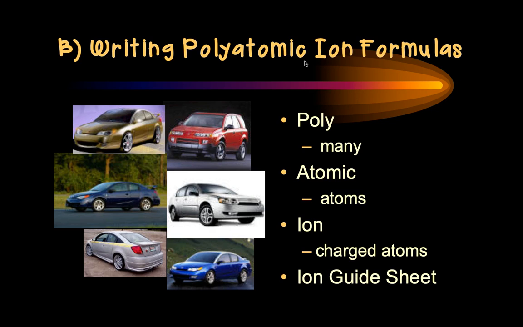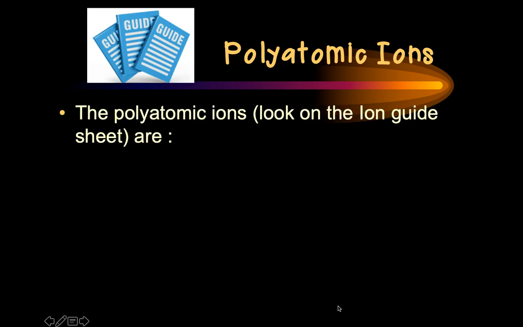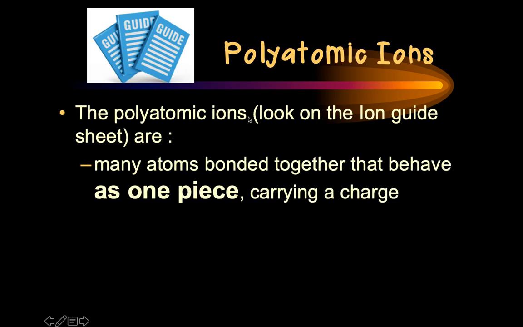You have a reference sheet called the ion guide sheet. I've mentioned it a couple times. This gives you the polyatomic ion formulas and their charges. You don't have to figure anything out. So polyatomic ions are on the ion guide sheet. Remember, they are a group of atoms that are bonded together. So they're one thing, one particle, and they still have a charge.